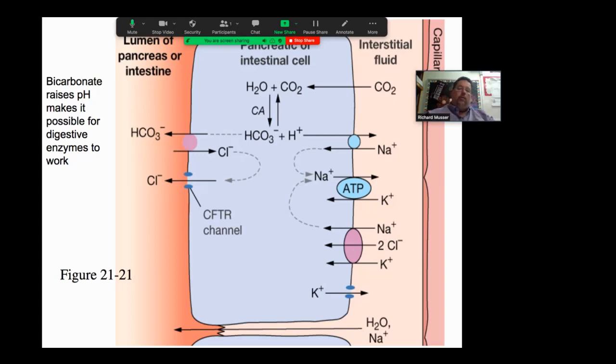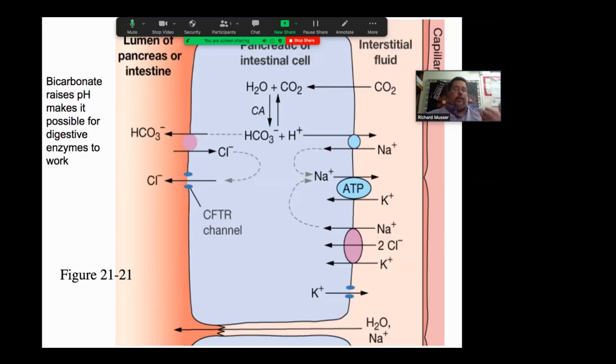The chloride will come into the cell, and then ultimately it will be secreted back out through the CFTR channel, which is cystic fibrosis something channel. The main thing about that is to realize that that Cl helps to pull sodium and water out into this lumen as well. This is important for making the mucus more watery.